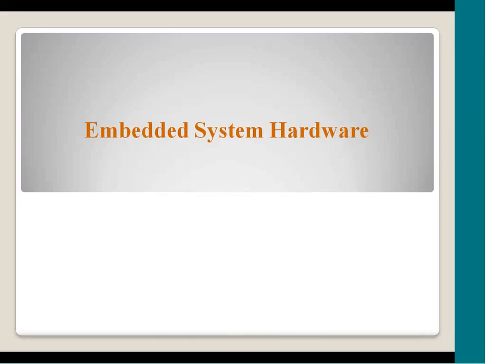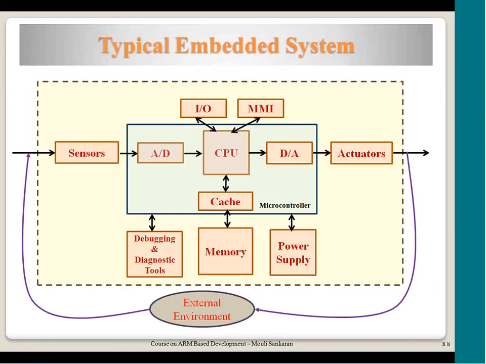Now, let me briefly touch upon what is inside an embedded system. You might have seen many examples of embedded systems. If you are entering an office and there is an access card ID that you swipe at the door, it is an embedded system.